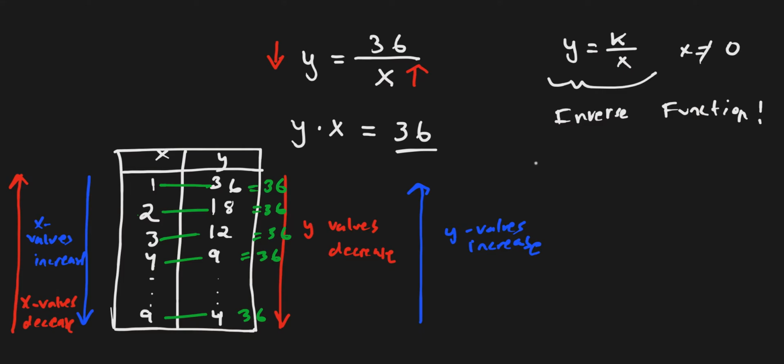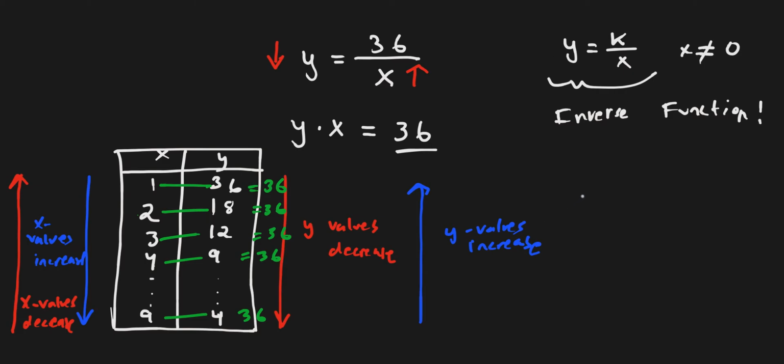You might be thinking, well, if k is some value, then how is x times y going to be equal to that k if x is 0? Because then it's just going to be 0, which is not going to be equal to 36 in this case. Well, x cannot be equal to 0 because that's not part of the domain, so we don't worry about that scenario.